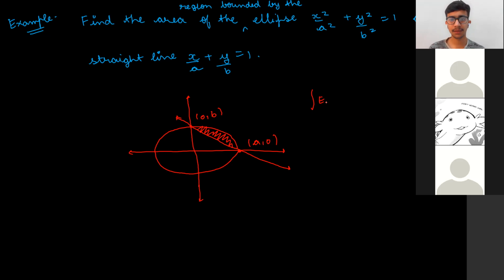So area of the ellipse dx from 0 to a gives you this whole area, minus the area under the line from 0 to a again. So this is what we have to do.